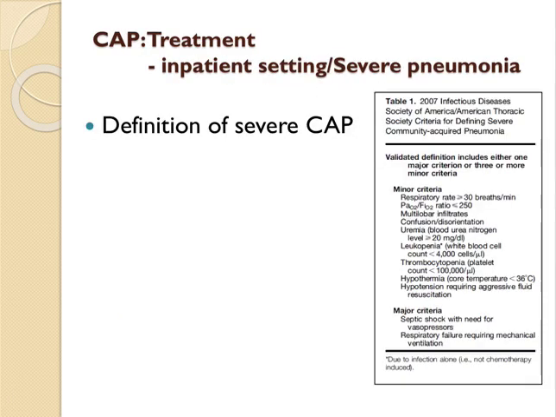And now we're going to move to discuss the treatment of severe pneumonia, and I just wanted to show you guys this table one more time. What do we define as a severe CAP? So remember, either you have to have one major criterion, or you have to have 3 or more minor criteria from the top of the table.